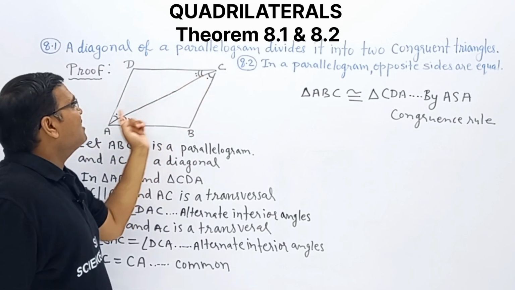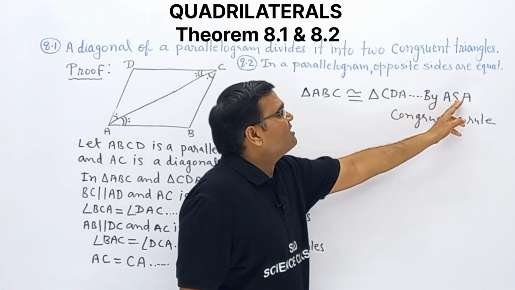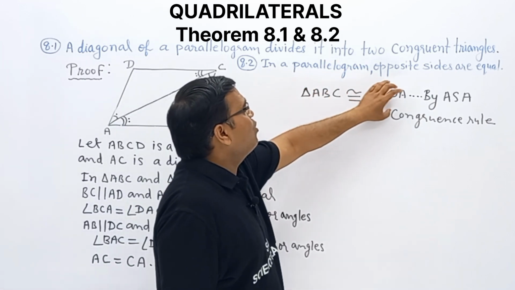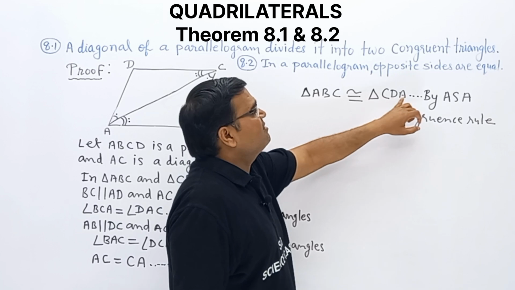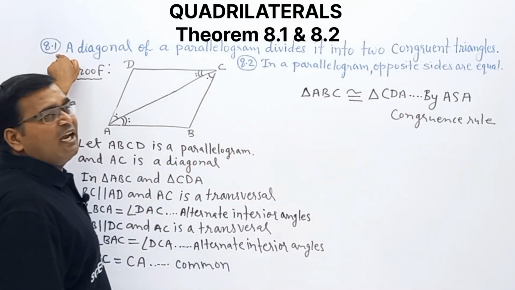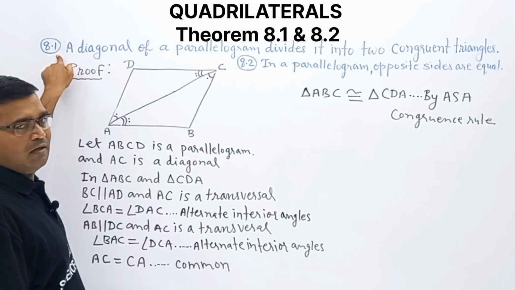And AC, one side, is common. So by the angle side angle congruence rule, triangle ABC is congruent to triangle CDA. We proved theorem 8.1. Yes or no?